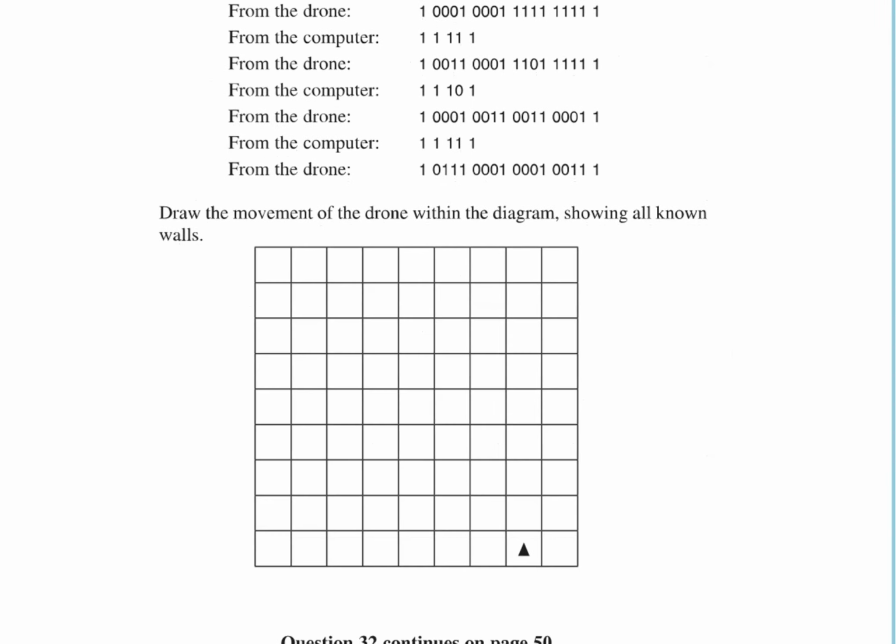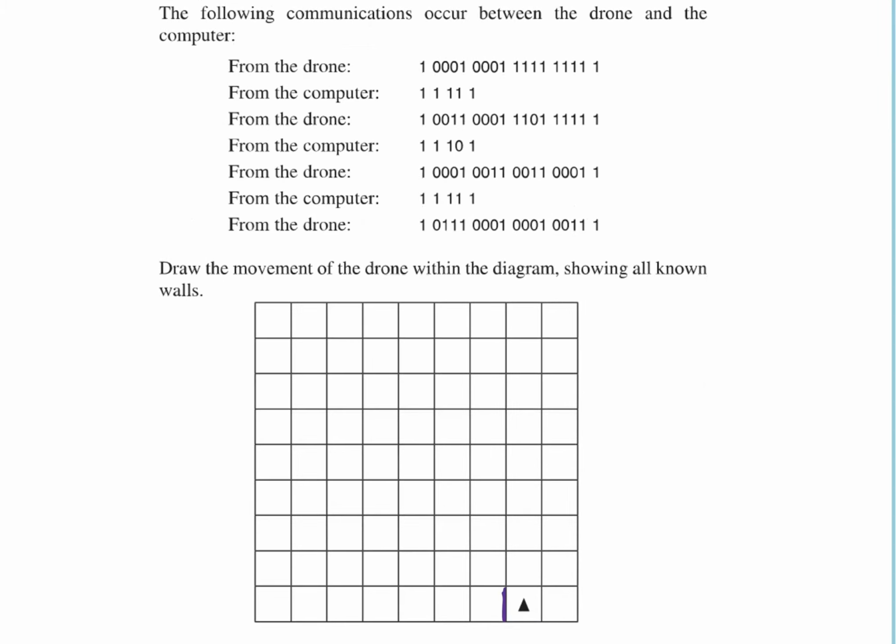Squares are 2 meters, so meter to our left, and then a meter to our right. No detected wall behind us, no detected wall in front of us, and that's it.